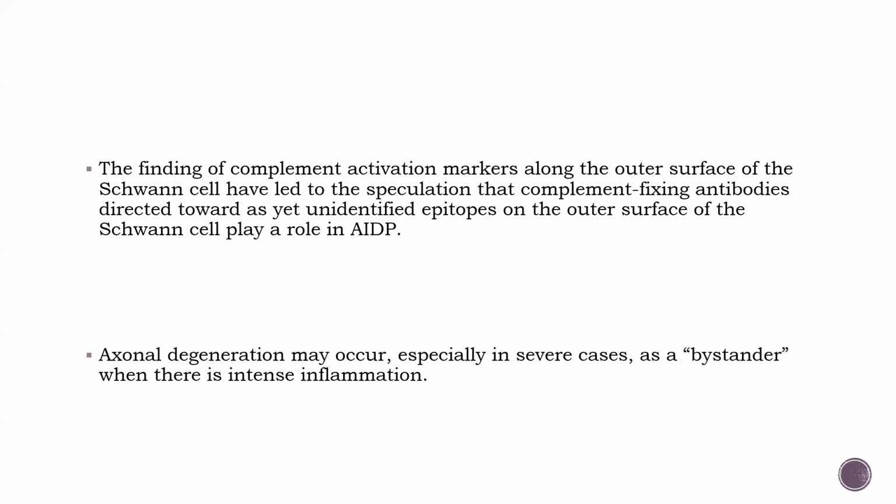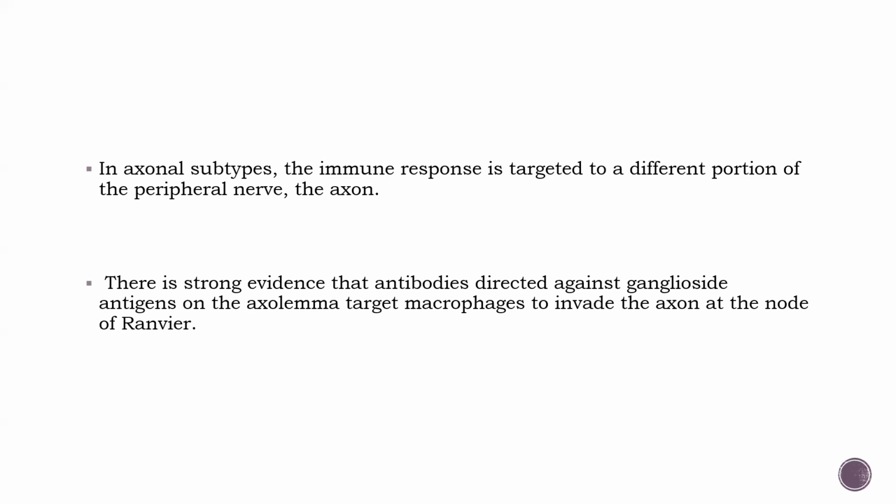Axonal degeneration may occur, especially in severe cases, as a bystander where there is intense inflammation. In the axonal subtype, the immune response is targeted to a different portion of the peripheral nerve, the axon. There is strong evidence that antibodies directed against ganglioside antigens on the axolemma target macrophages to invade the axon at nodes of Ranvier.